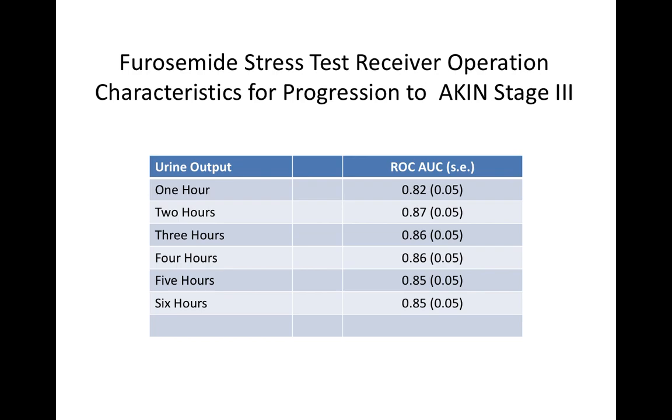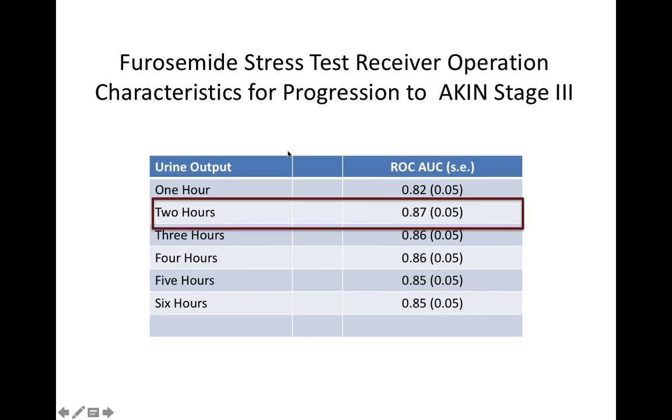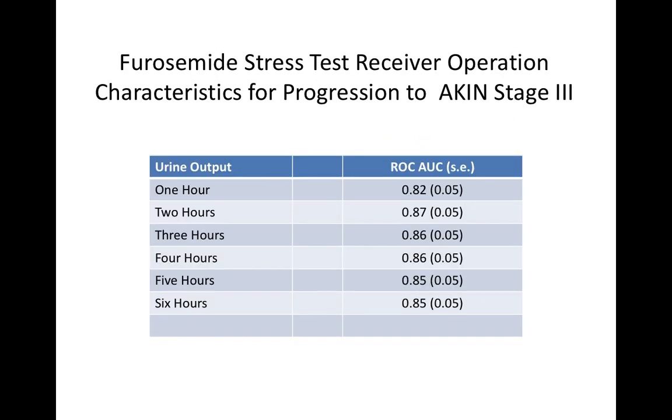And what we find is that the urine output over the first hour does pretty well. But once you reach 2 hours, you see this very nice discriminative capacity with an ROC curve of 0.87, and it slightly diminishes to around 0.85 over 2 to 6 hours.